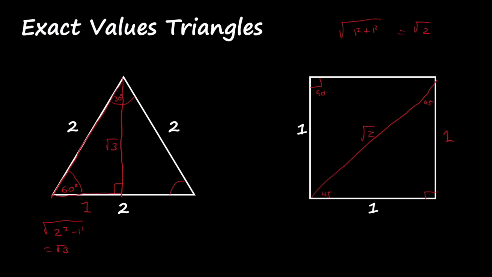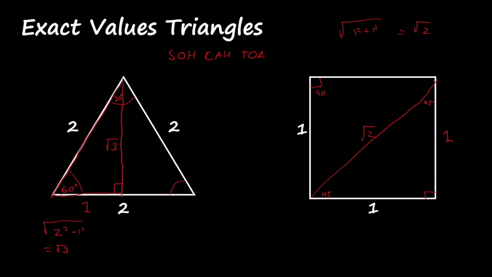So how does this actually help me? Well, it helps you because you are able to use your trigonometry rules to figure it out. So if you remember SOHCAHTOA, if I said to you, I want to know what sine of 60 is, I'd go over here and say, where are my 60 degrees? 60 degrees is in this triangle here.